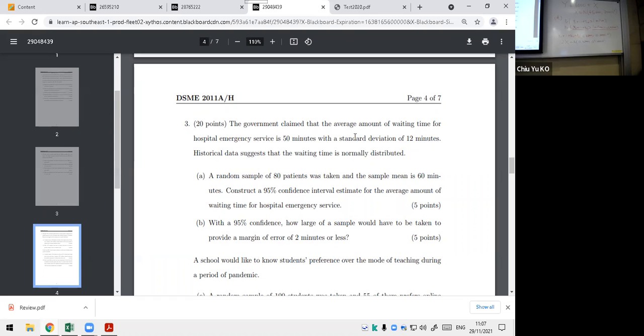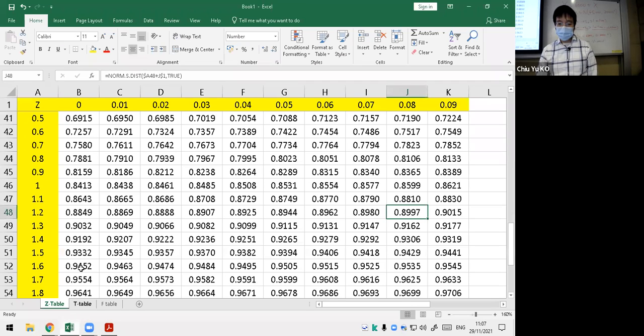For a 95% confidence interval, remember it's like this: 95%, so it's 0.025, 0.025, so this is 0.975.